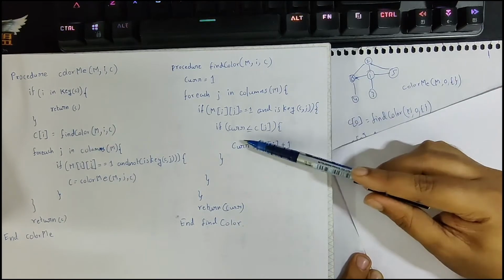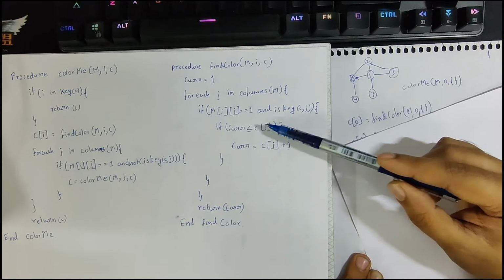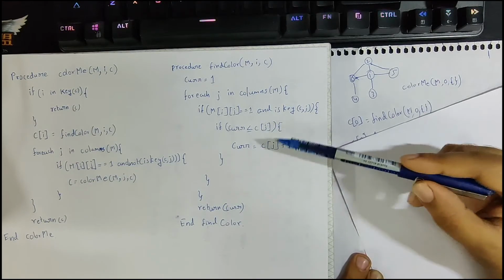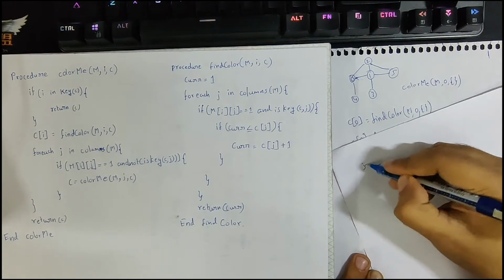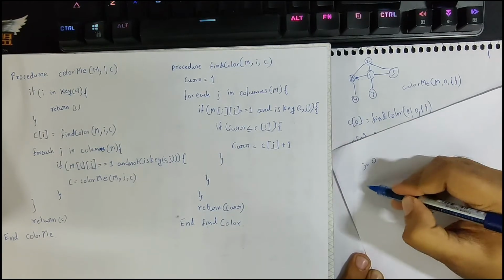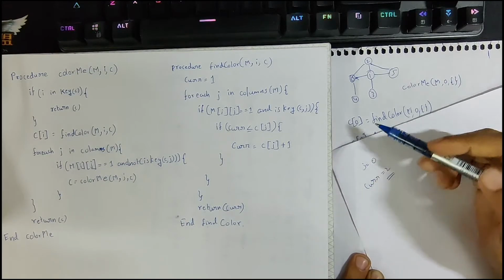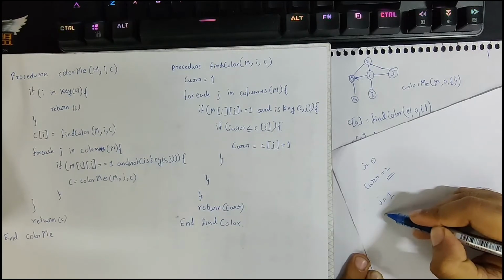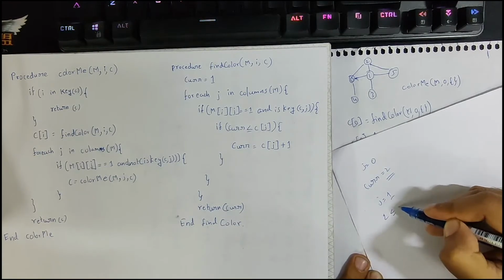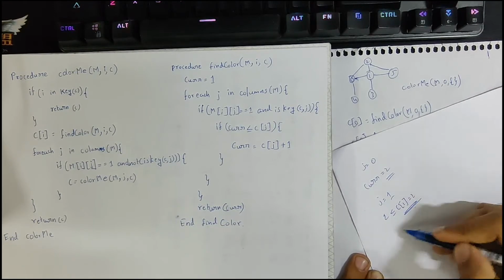And if you are checking this current 1 less than or equal to c of 0, c of 0 is 1, so current will be 2 for this iteration. For j equal to 0, current will be updated to 2. Then when j equal to 1, this current value 2 will be less than or equal to c of 1, which is equal to 2, so it is further updated.